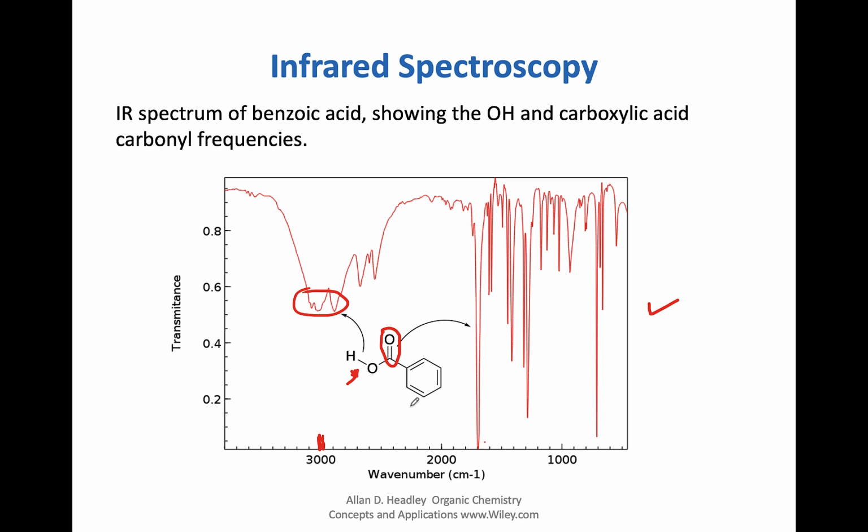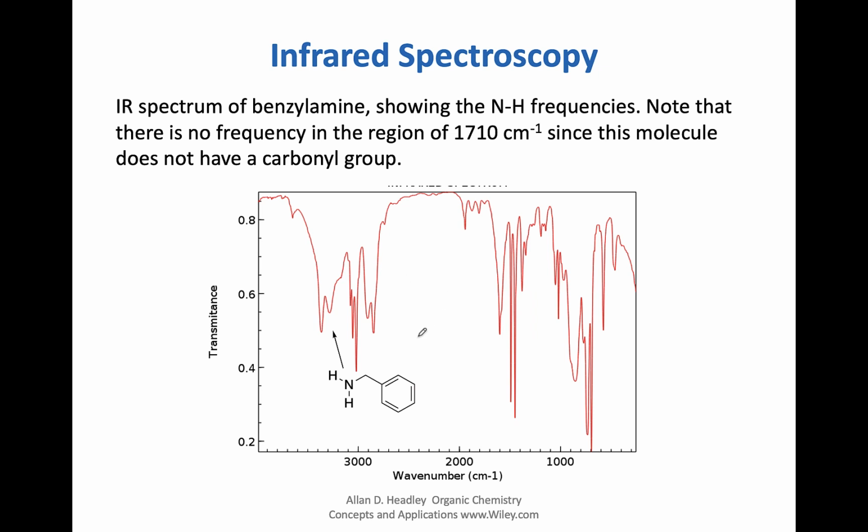So we know that this spectrum here, based on this band and this band here, is a carboxylic acid. We'll use another type of spectroscopy to learn that this group is present, and hence we know that this unknown is benzoic acid.